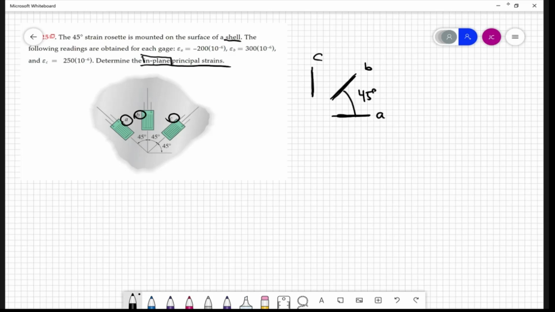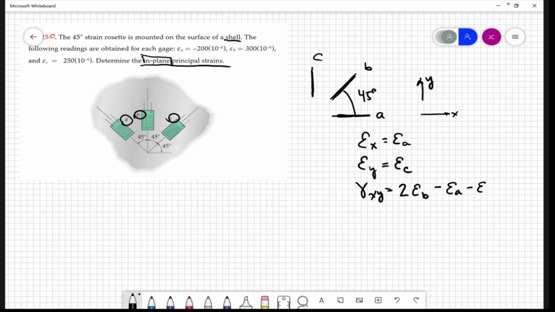When we did this, if this is the X direction and this is the Y direction, the normal strain in the X direction is just what we read off of strain gauge A. The normal strain in the Y direction is what we read off of strain gauge C. And the planar shear strain, gamma XY, is going to equal 2 times what's read on strain gauge B minus what's on strain gauge A minus what's on strain gauge C. So that's for this particular case.